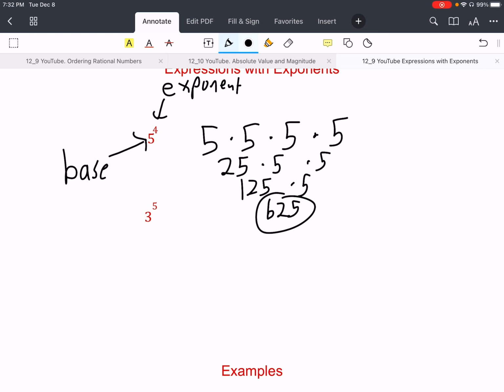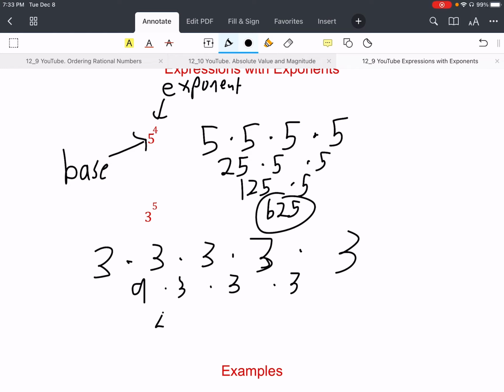Our next example, we have a base of 3, and it's to the 5th power. So we're going to multiply 3 times itself 5 times, which again, even though 3 is a small number, it'll grow quickly. It's really easy to make math mistakes when we're dealing with repeating numbers. But if you go one step at a time, even though it takes a while, I think you'll have better luck.